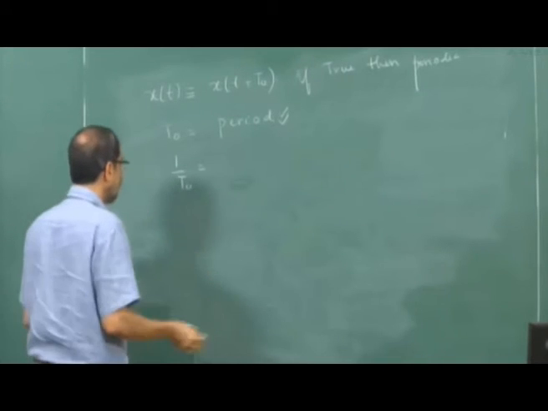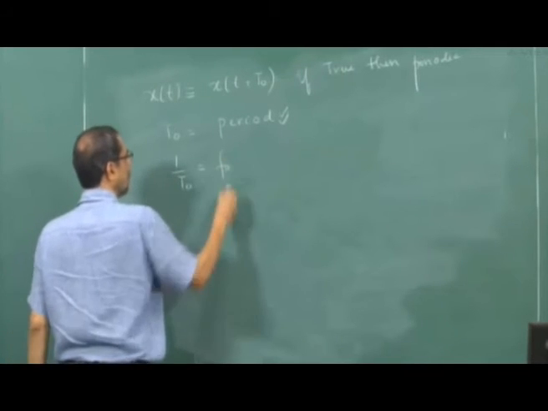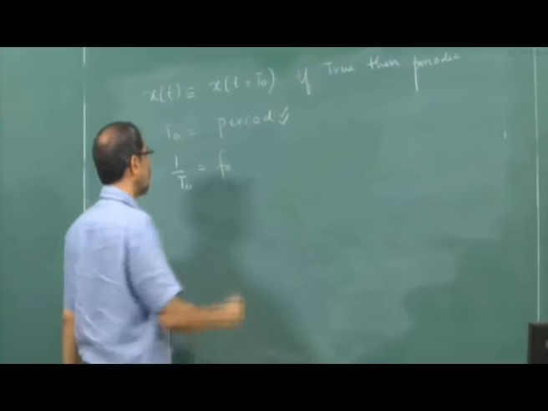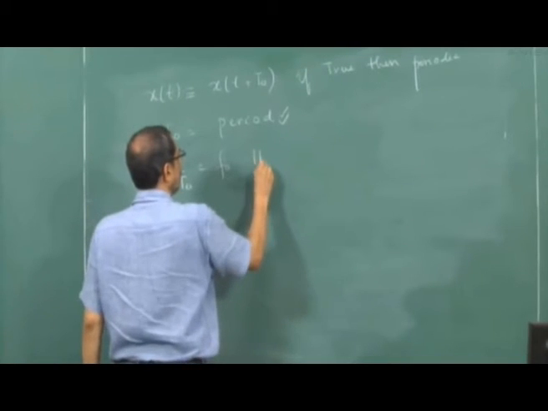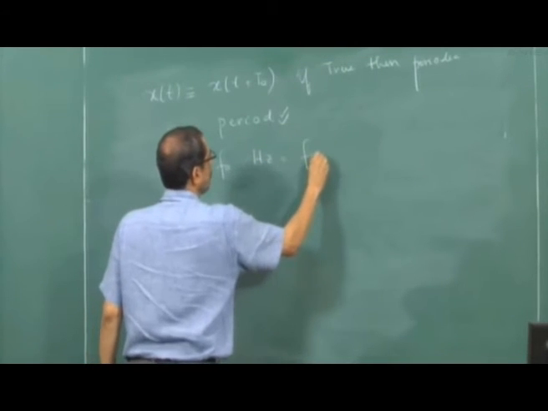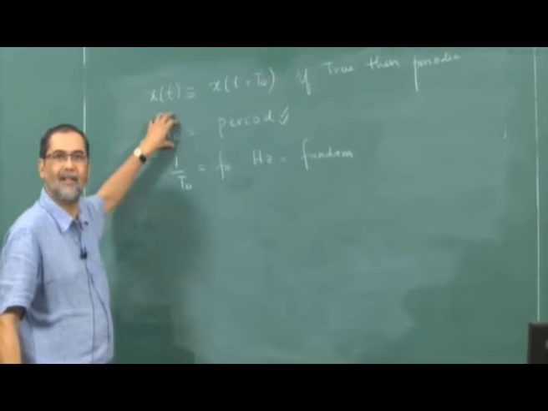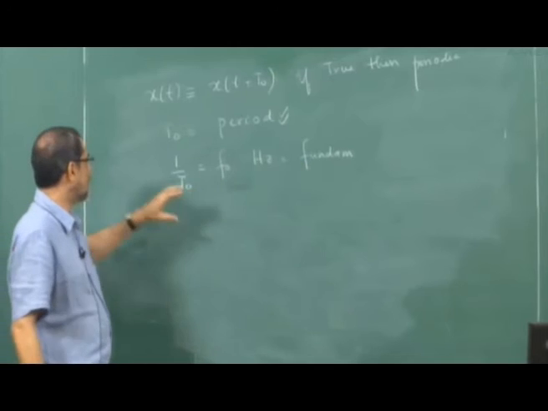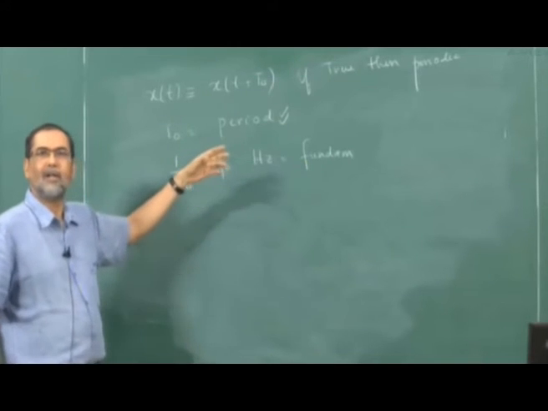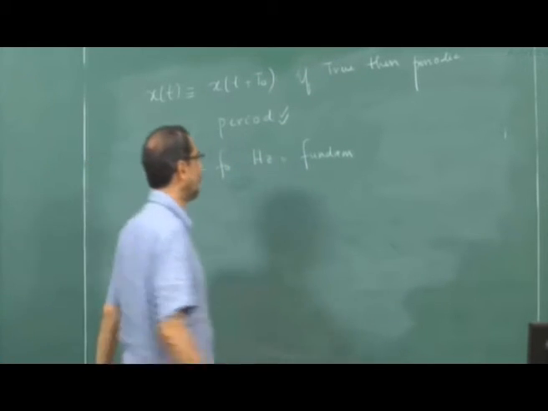T naught will be in seconds, and 1 by T naught is called f naught, the fundamental frequency in hertz. This is called the fundamental frequency because T naught is the smallest period.